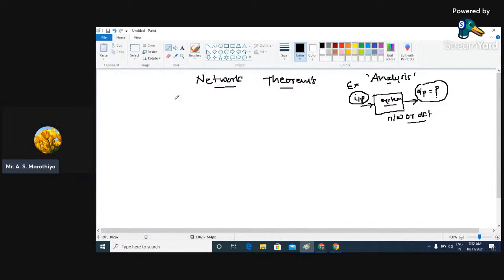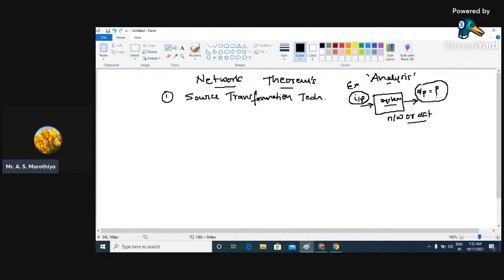So the first technique that comes under the category of network theorem is the source transformation technique. What is the meaning of this? That means if you have a source, it may be a voltage source or a current source.